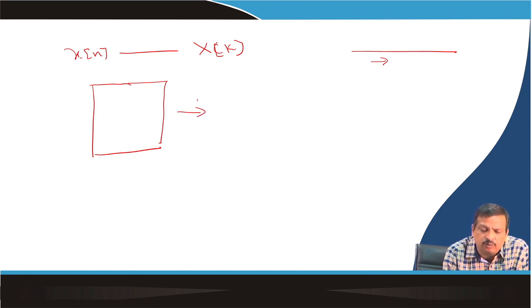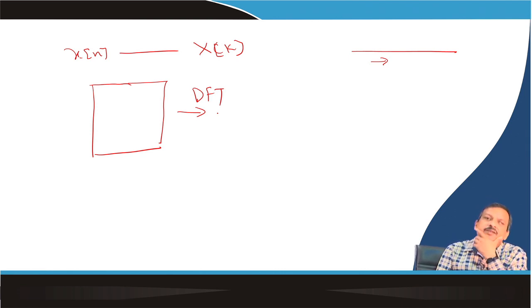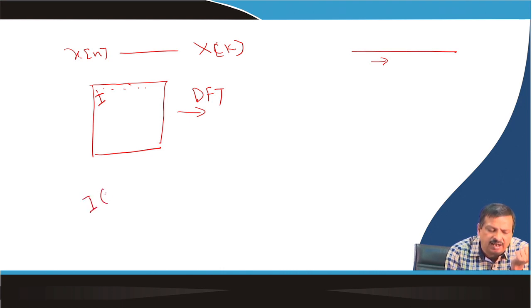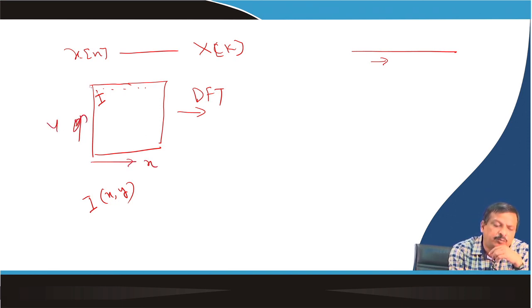Now, can I do the discrete Fourier transform? So, what is an image? What is an image signal? It is nothing but pixels. If the pixel is represented by I, so I is a function of x and y. If this direction is my x and this direction is my y, it starts from here.